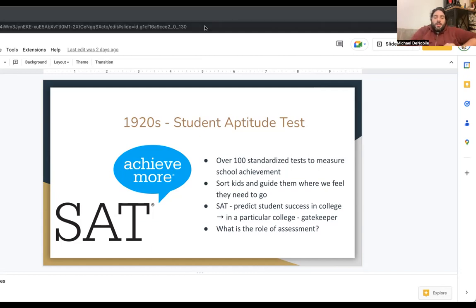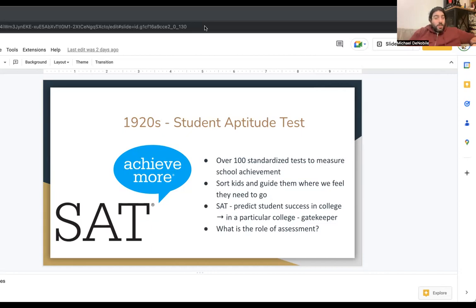And so now, what is the role of assessment now? The role of assessment now is to really sort out predictors of success. Predictors of success are only going to go to our best colleges, because if you're not proven to be the best of the best or to be able to be successful, it doesn't matter what college you go to, but you're not going to go to Harvard, you're not going to go to Yale, you're not going to go to our best colleges. You're going to go to maybe the small local college in your town, because does it really matter if you go to Harvard or Yale?